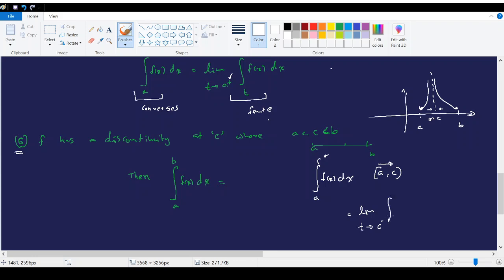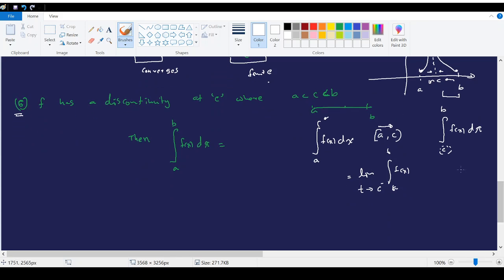Left hand side, and if we consider this integral, and then for the next part we can take the same thing, but the only difference is that we should approach C from the right hand side, okay? Because for all the values to the right hand side of C, the integral will be a finite value.